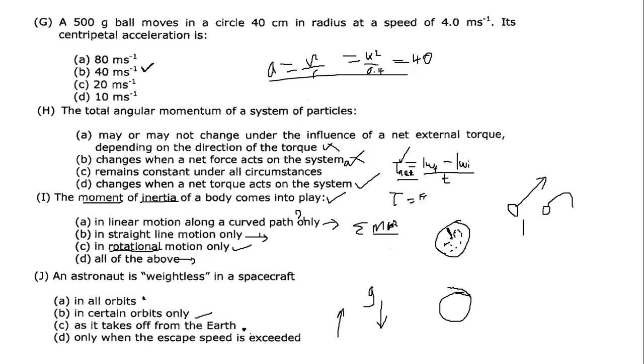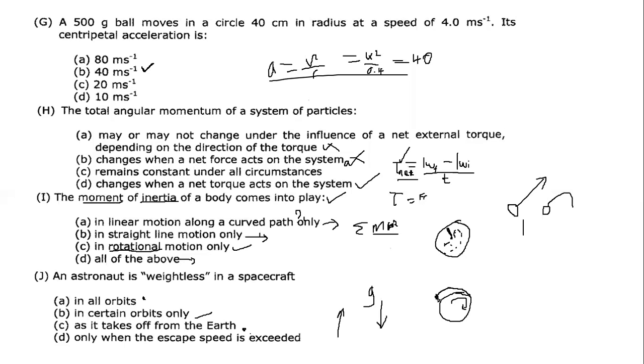They must accelerate at 9.8 meters per second squared, such that when the Earth is rotating this way, they must be rotating this way, and the acceleration due to gravity will be acting to pull them towards the Earth.